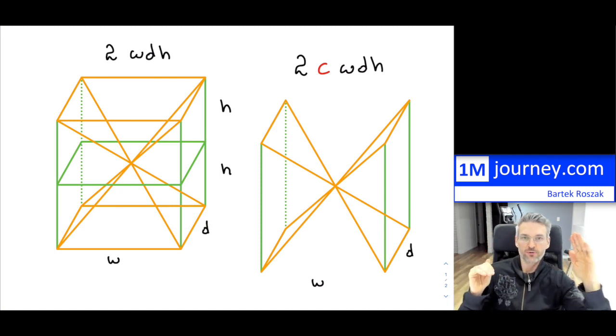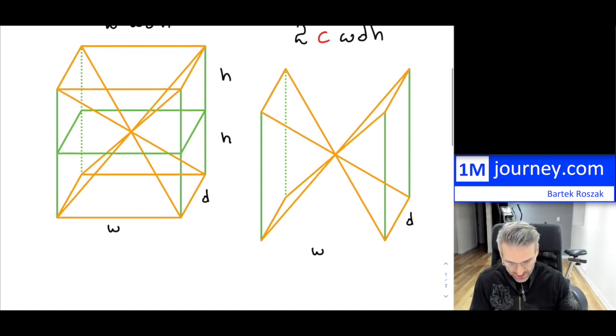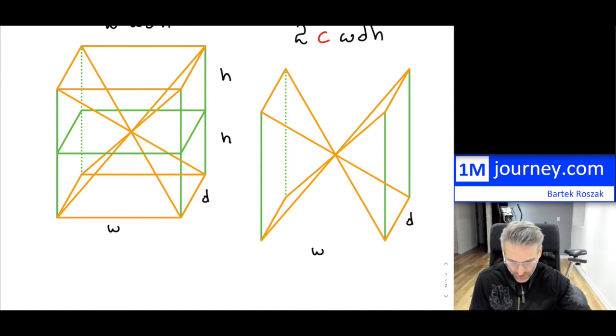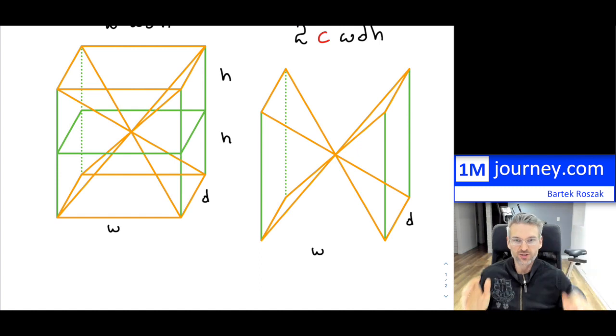I have one on the right and one on the left. Now, these two particular pyramids, the way that I have written it out, their bases are different. One is on the left, one is on the right.